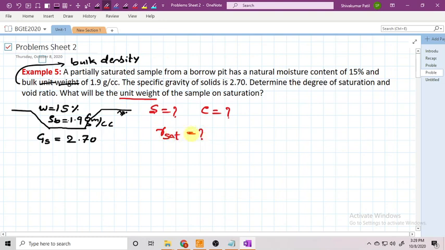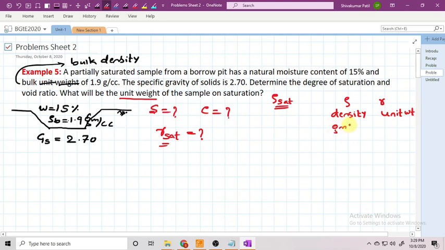Suppose if they want to ask the density, then that is rho sat. So rho sat and gamma sat. Always keep in mind the difference between rho and gamma. This is the density, and this is the unit weight. What is the unit of density?